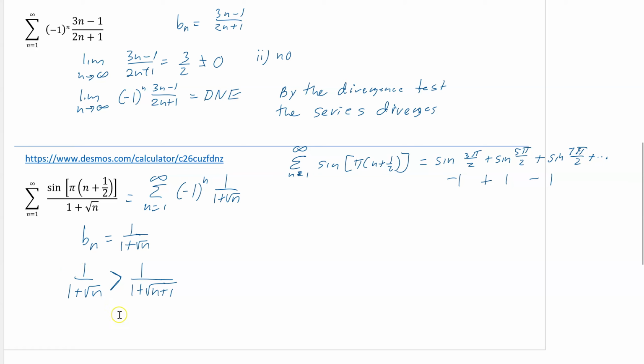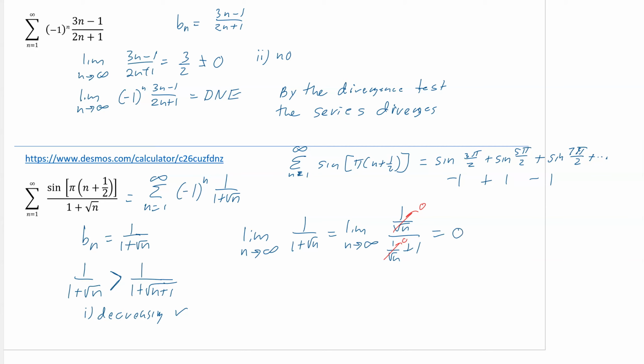So this is smaller, larger, part 1, decreasing, check. And now we can go off to the end, the limit as n approaches infinity of 1 over 1 plus rad n. Divide everything by rad n. And that goes to 0, and we end up with 0.